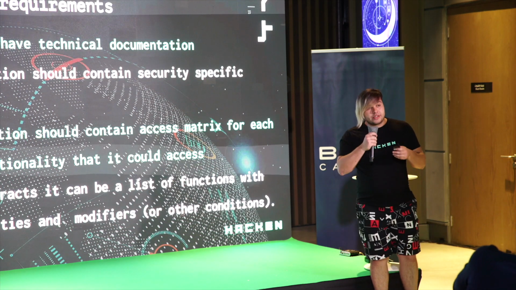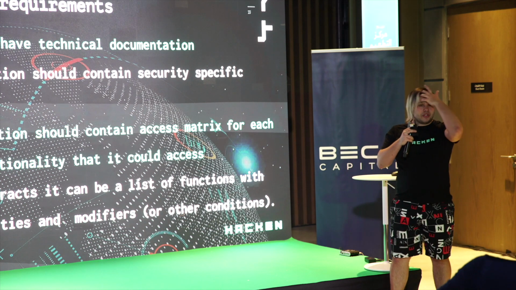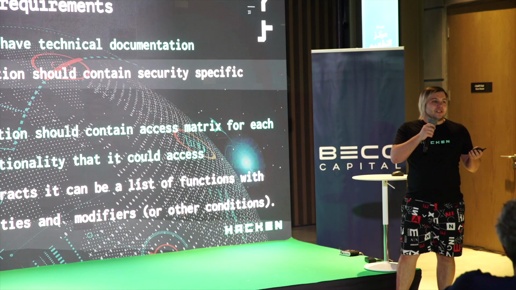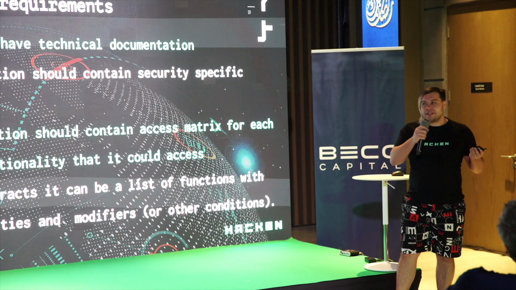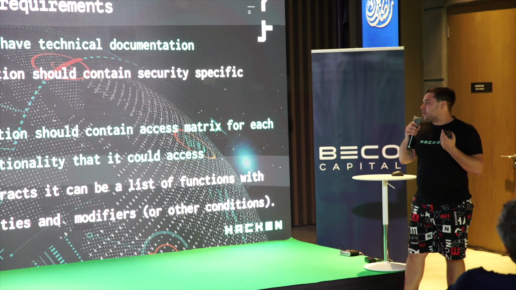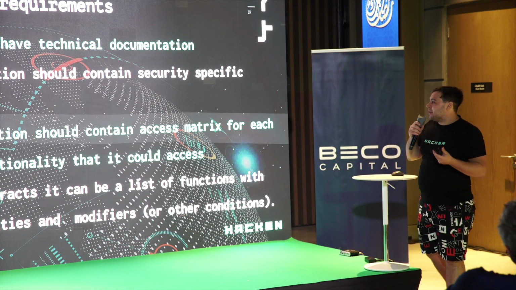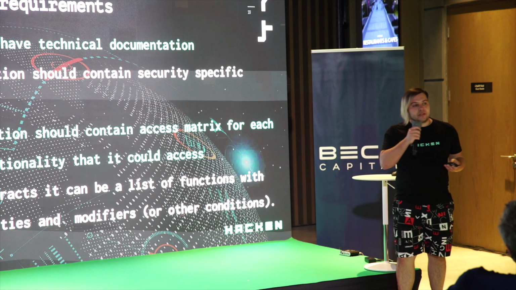The next one is to create project documentation, and you should also have specific security requirements. There are a lot of projects that don't have documentation, and obviously it's bad practice. Tech documentation should contain security-specific requirements, like I've already been talking about. It should also contain an access matrix for all the parts.